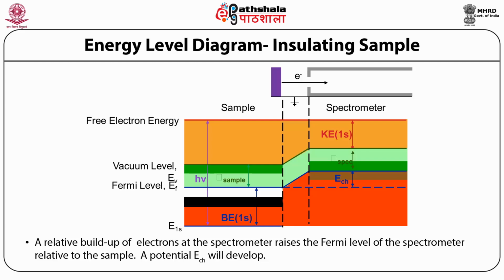Therefore, any charge accumulation will shift the Fermi potential to higher values for negative and to lower values for positive charges. There are no free electrons or holes in the insulator. Its Fermi level cannot be equilibrated with the Fermi level of the detector. So, ECH can be determined by electrically calibrating the instrument to a spectral feature.